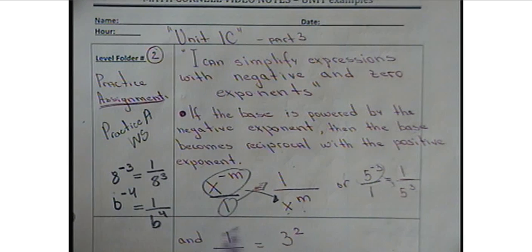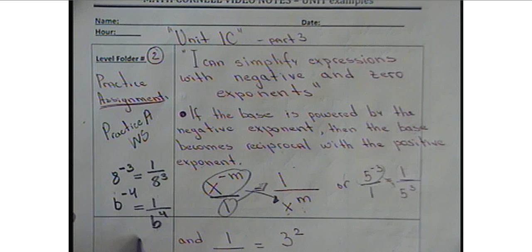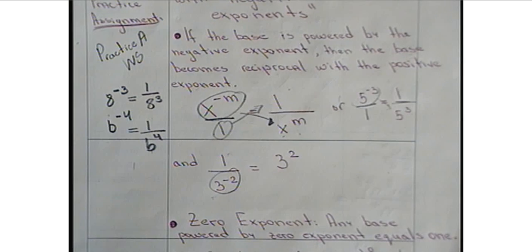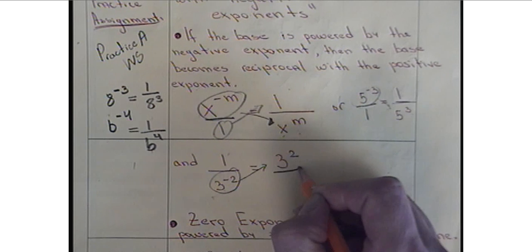Given a variable with a negative exponent, we move it down, it's 1 over. Now here's another case when we have 1 over 3 to the negative 2. It's already on the denominator side and it's negative. So now we move it up and it becomes positive, and we write the same thing over 1.